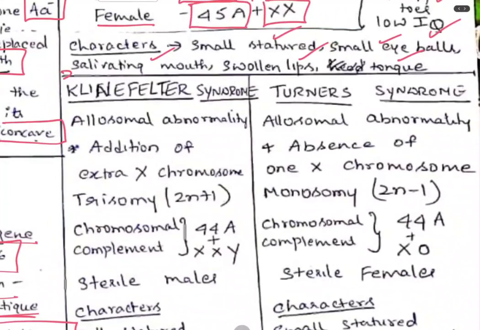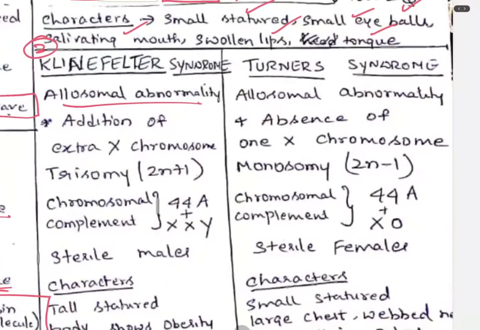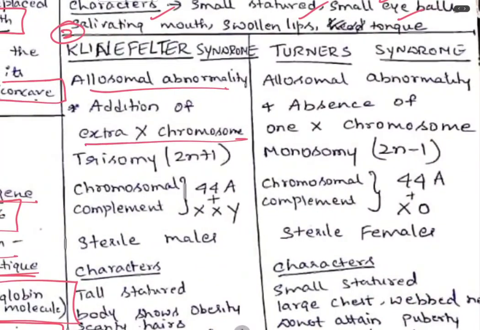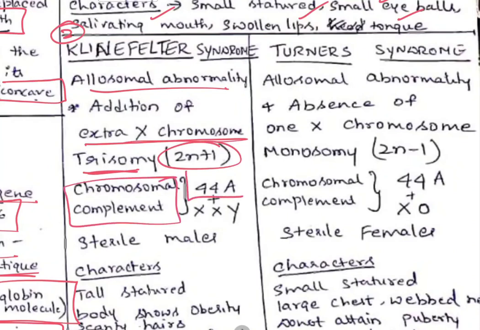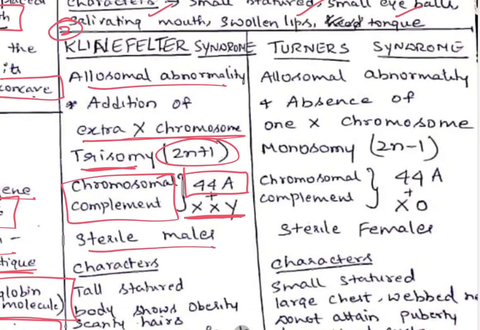Next, the second one, Klinefelter syndrome. It is an allosomal abnormality due to the addition of an extra X chromosome, hence trisomy, 2n plus 1. And the karyotype or chromosomal complement is 44A plus XXY. Hence they are said to be sterile males.